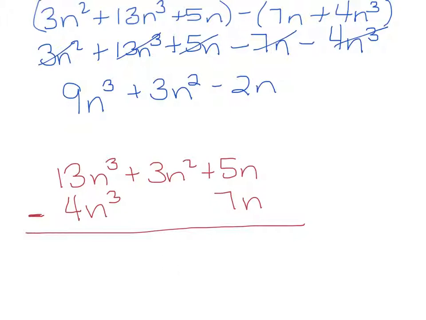So 13n cubed minus 4n cubed is 9n cubed. Again, 3n squared minus essentially nothing is 3n squared. And 5n minus 7n is negative 2n. So our answers turn out the same in both methods. It's just a different way of doing it depending on how your brain works the best.